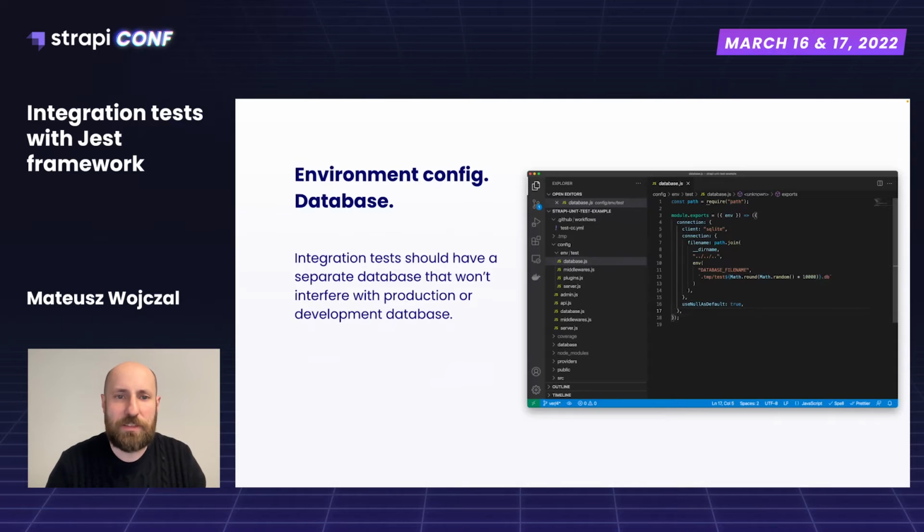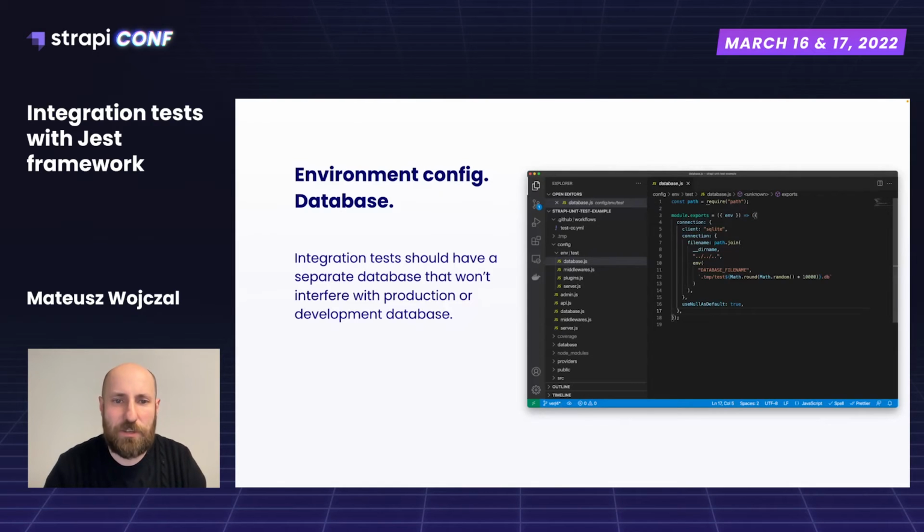So here we set up a database for testing purposes. This is just a copy and paste from the original file that comes with a new Strapi, but here we are making sure that the test is not using the same SQLite database.